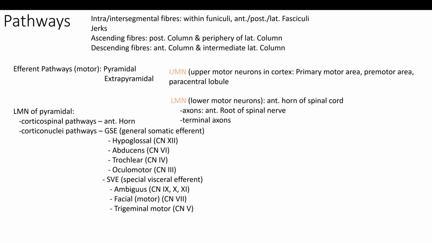Its locations: the corticospinal pathway is in the anterior horn of the spinal cord; the corticonuclear pathway, general somatic efferent nuclei: the hypoglossal 12, abducens nucleus 6, trochlear 4, oculomotor 3; special visceral efferent, so more to the organs, the ambiguus including 9, 10, and 11; the facial, CN7; the trigeminal, CN5, with its branches.